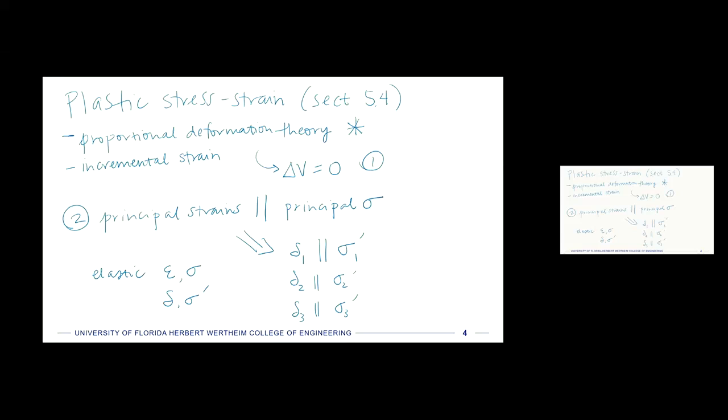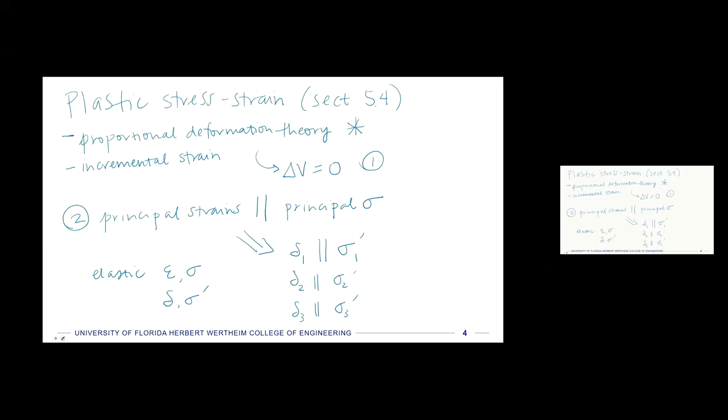And because they remain parallel, the corresponding values, this is our third assumption, is that the ratios of the principal shear strains to the shear stresses are equal at all stages.